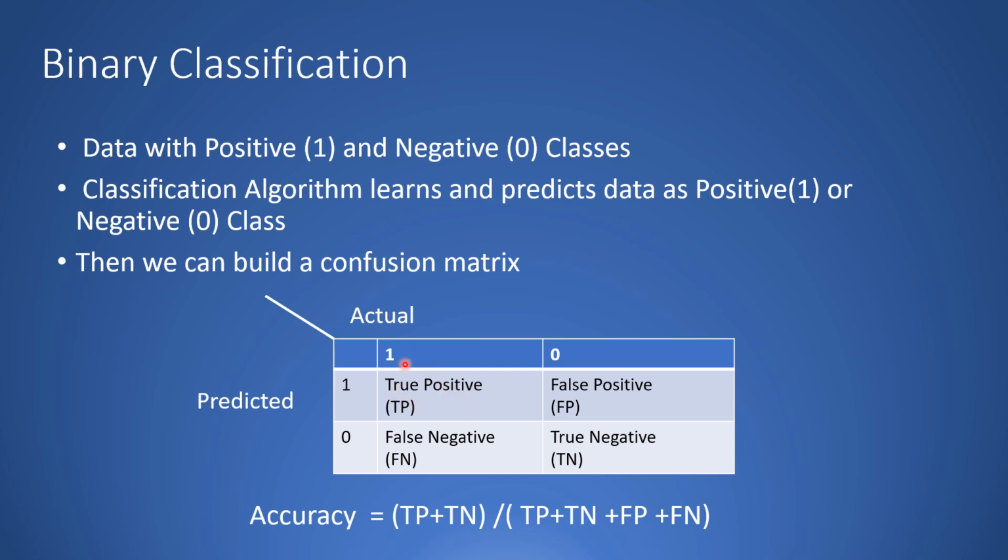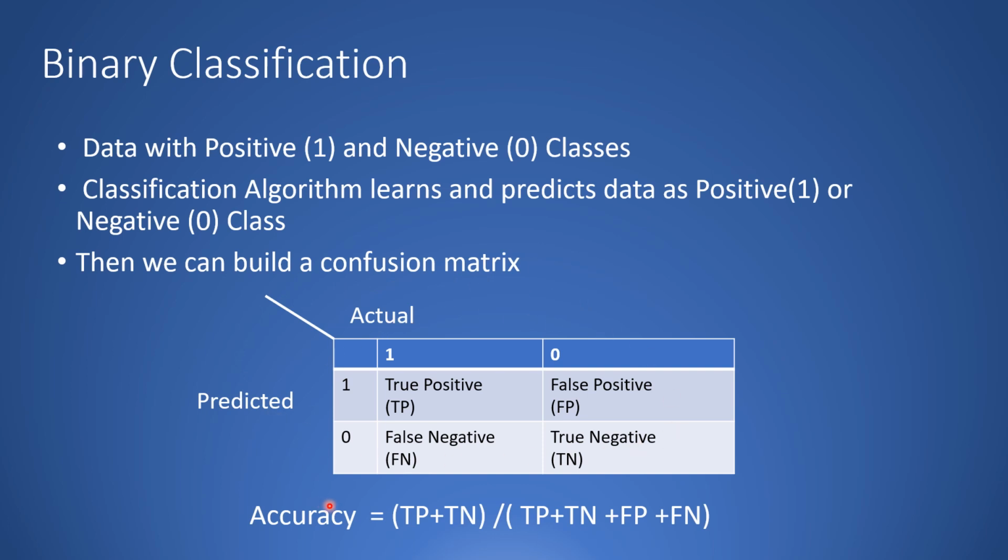If the patient has COVID and is predicted as not COVID, then it is a false negative. Now, what is a false positive? A false positive is a case where a patient doesn't have COVID but is predicted as having COVID. What is a true negative? A patient doesn't have COVID and is also predicted as not having COVID. So this is what is called a confusion matrix.